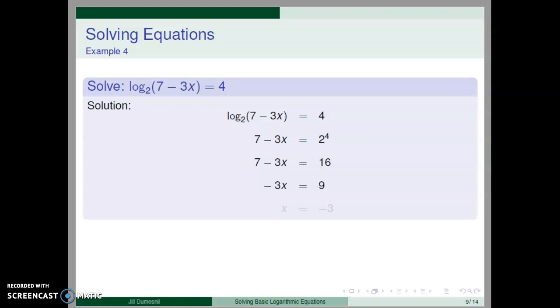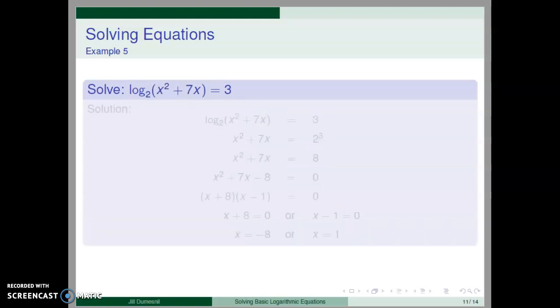Subtract 7 from both sides and divide by -3 to produce that x equals -3. A negative solution isn't automatically extraneous, but we do need to check this solution. If we plug -3 into our original equation, we get log base 2 of 7 plus 9 is log base 2 of 16, and that is indeed 4. So x equals -3 is a solution to our equation.